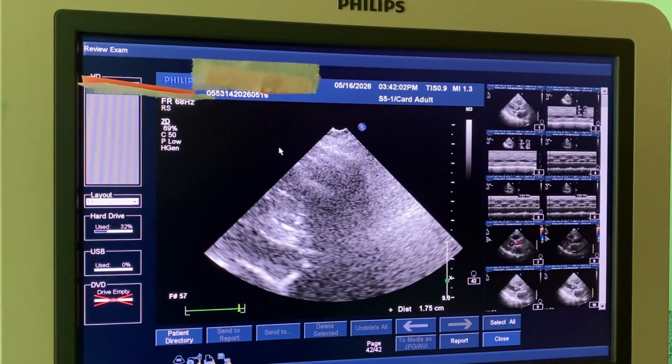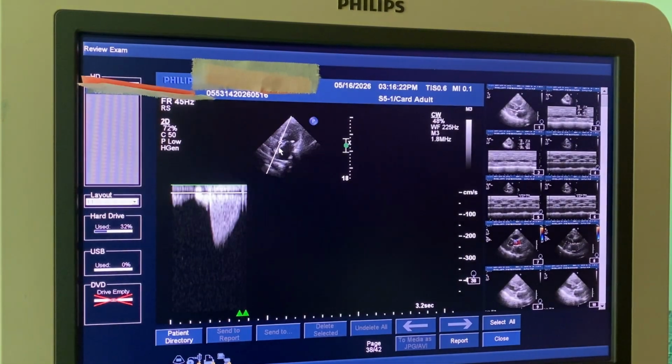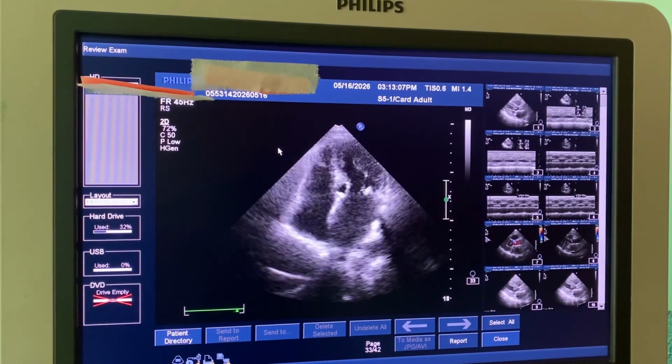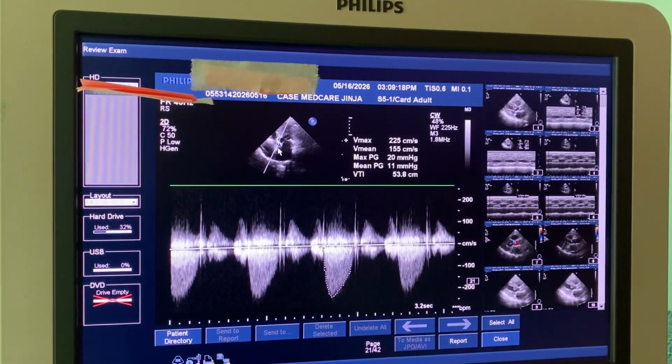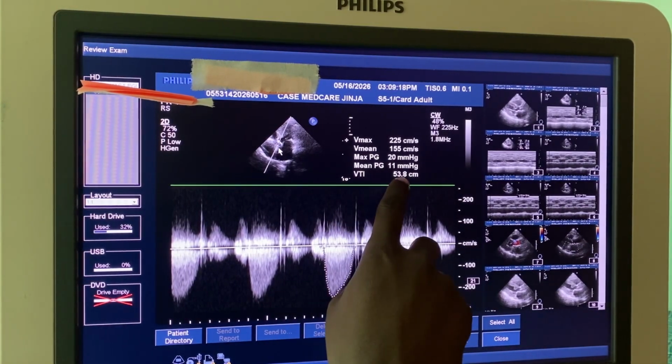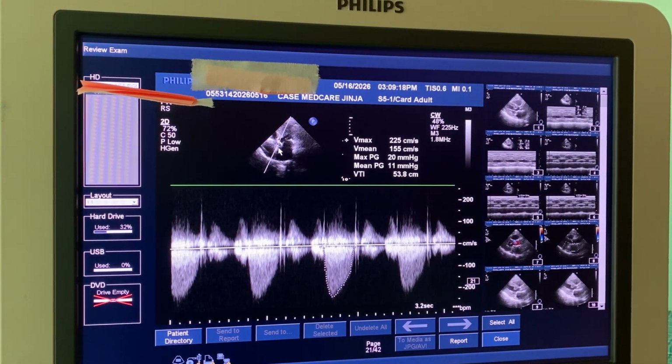If you go back to where we traced for the aortic valve, there is something called VTI there. You see? VTI is there. It is a distance. So we are going to do the same in a 5-chamber view, exactly where we measure the diameter.